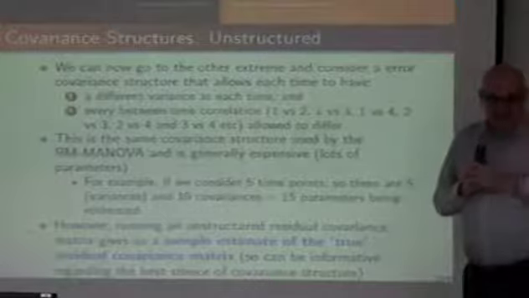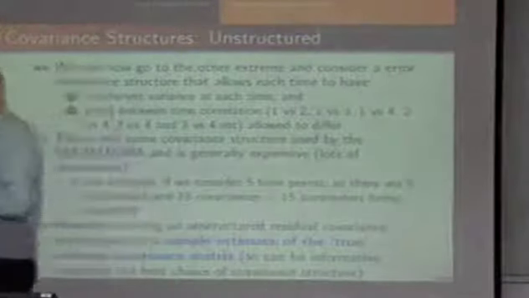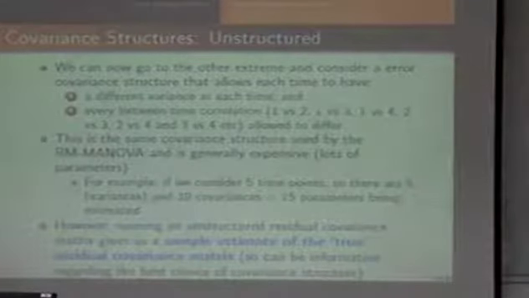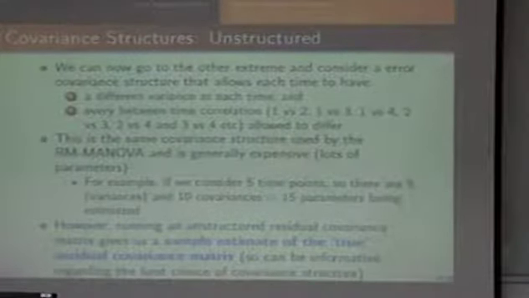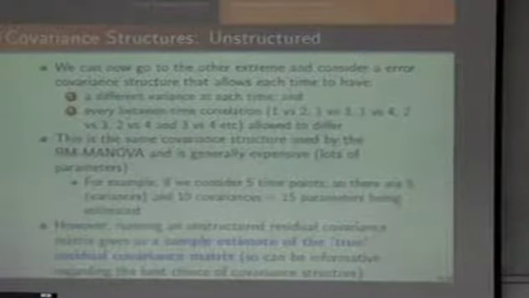Okay, so let's now move to the absolute other end and go to the most complicated one, and that is unstructured. This structure makes no assumptions whatsoever about the nature of the correlation. In other words, variances at each time are allowed to be different.